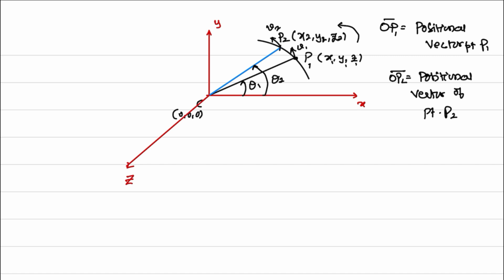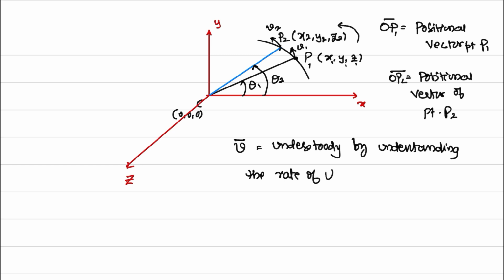The velocity of this particle, because ultimately for studying mechanics we require position and velocity, which we have already understood. To understand the velocity of this particle, we can understand the rate of change of R. This is, let me say, R1, this is R2.